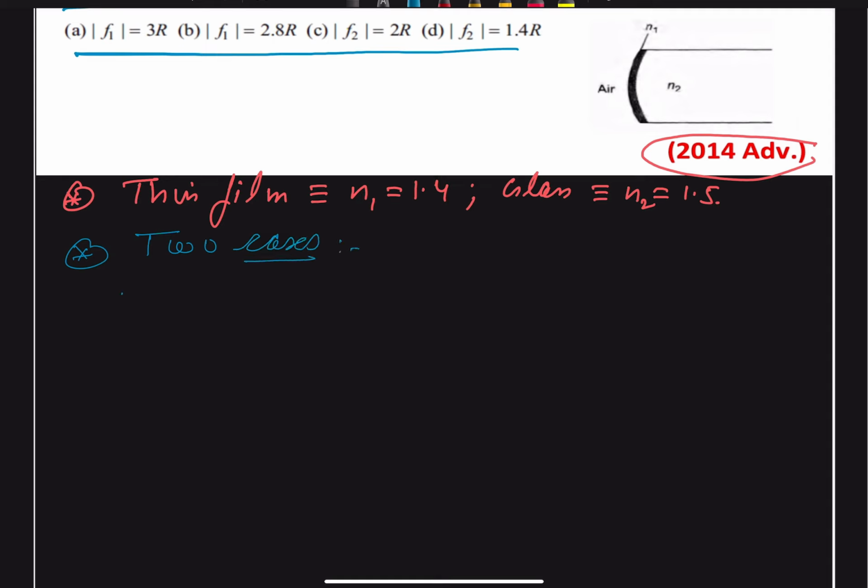In case number 1, light comes from air, then goes to the film, and then goes to the glass, and we get the focus at f1.